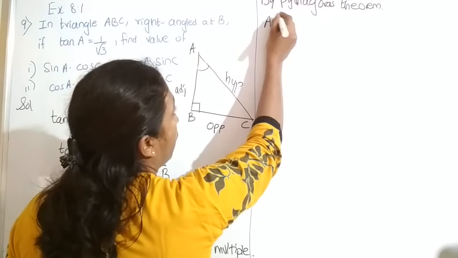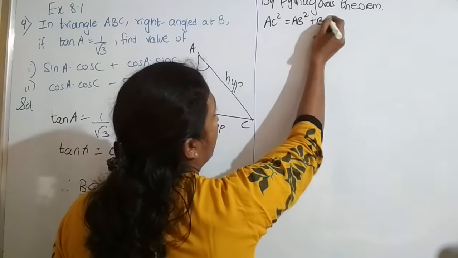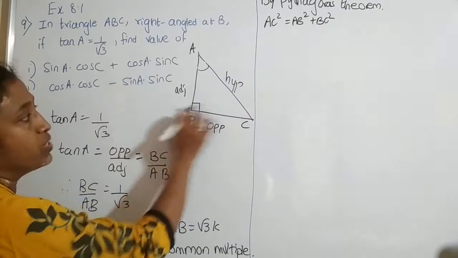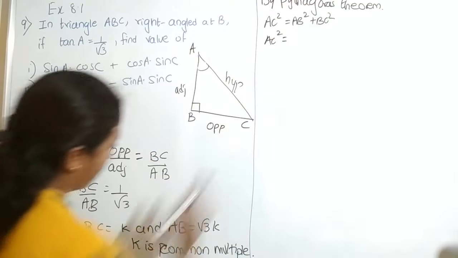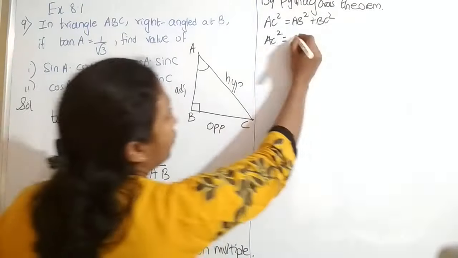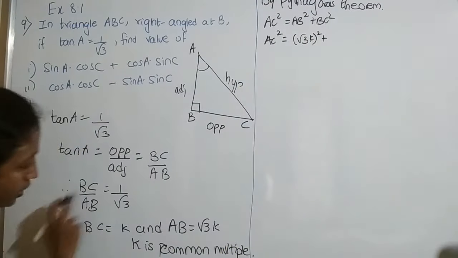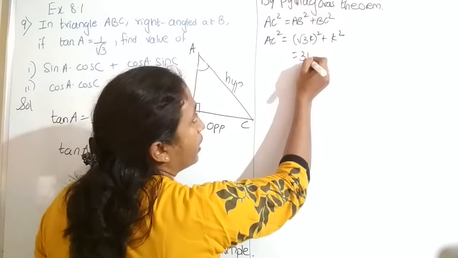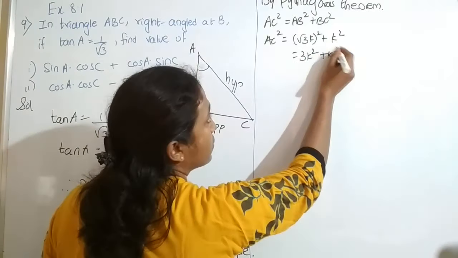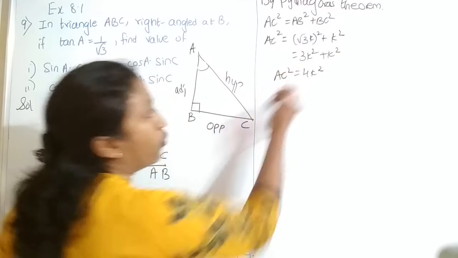So AC square equals AB square plus BC square. AB square is root 3k the whole square, and BC square is k square. So we get 3k square plus k square, that is 4k square. So AC square is 4k square.